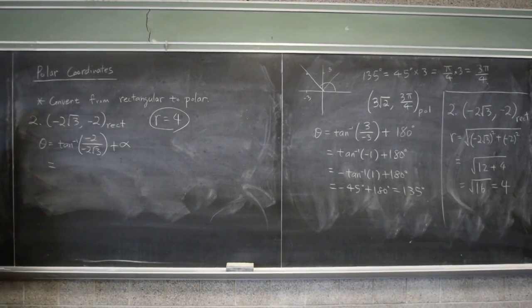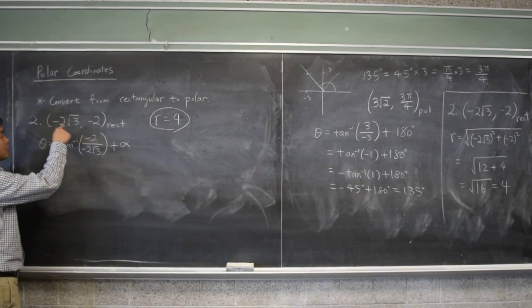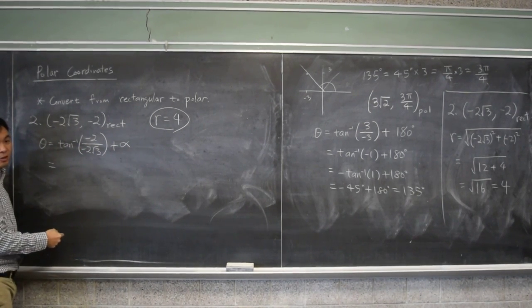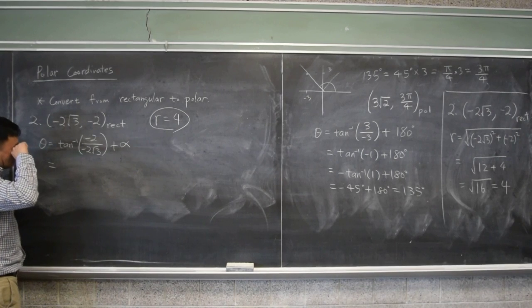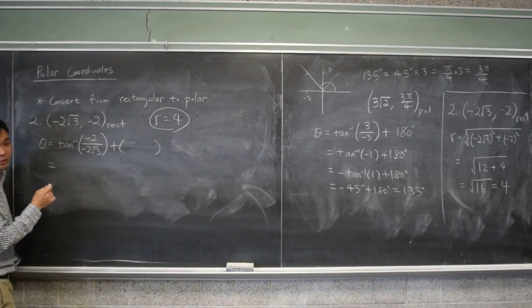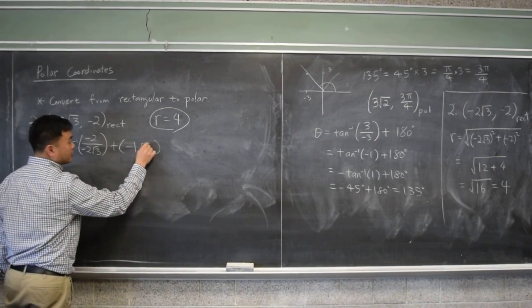And which quadrant is this in? Third, right? Because this is negative, you go left, and because this is negative, you go down. So you're in the third quadrant, and therefore this should be negative 180.